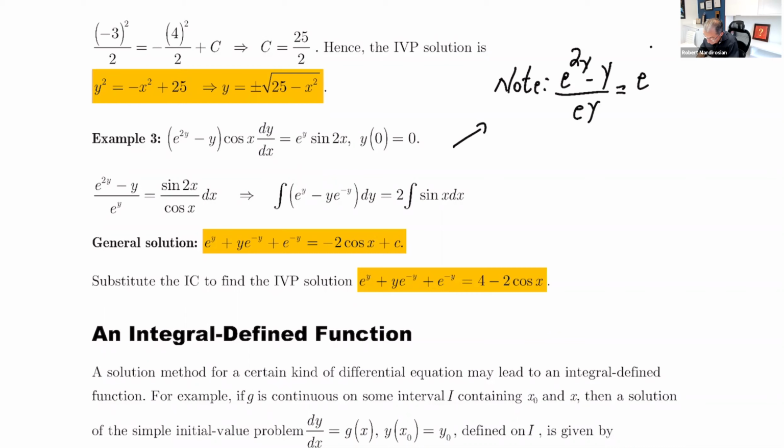So you can say this is e to the 2y over e to the y minus y over e to the y. And that's just e to the 2y. When you divide, you subtract the exponent. So you just get e to the 2y minus y, which is y. And then this one, take it to the numerator and make the exponent negative. So what you get is negative y e to the negative y.